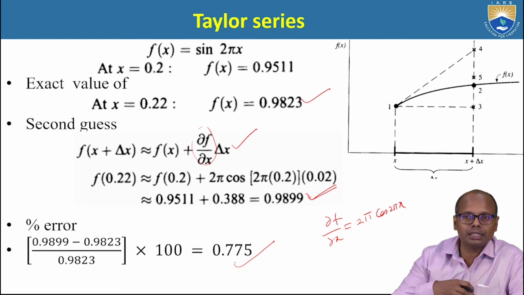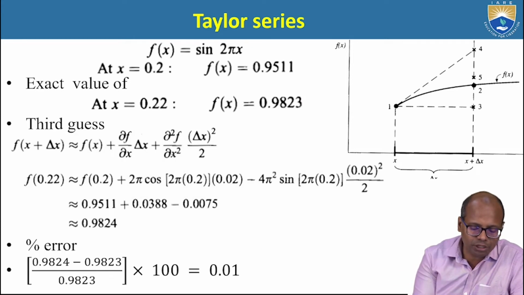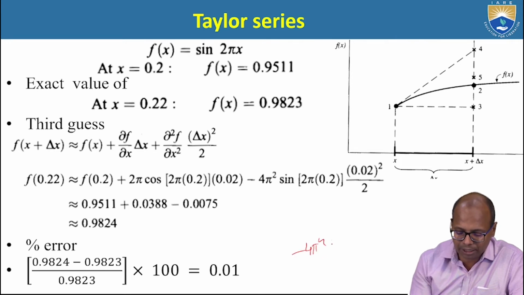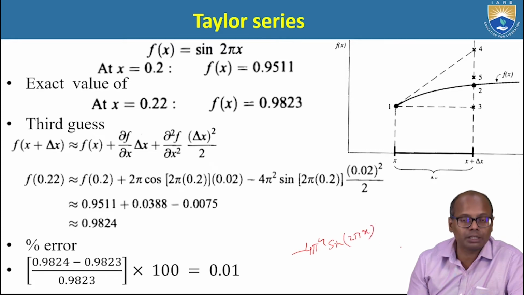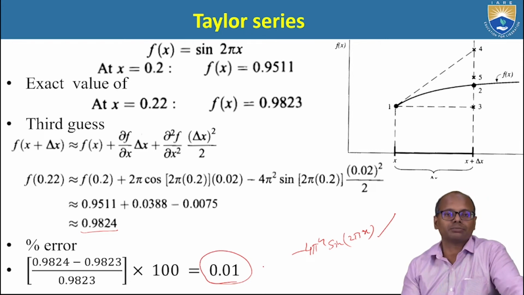Now if I consider the curvature term also, the curvature term is dou square f by dou x square. So for dou square f by dou x square, I have to differentiate it further. What I will get is minus 4 pi square sine 2 pi x. If I substitute all these values here, I am getting the error down to 0.01%.